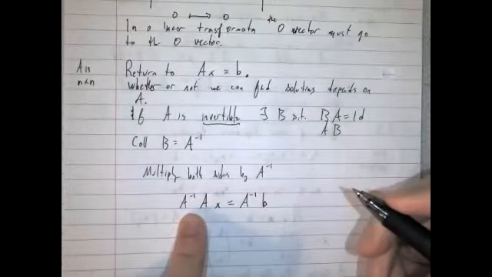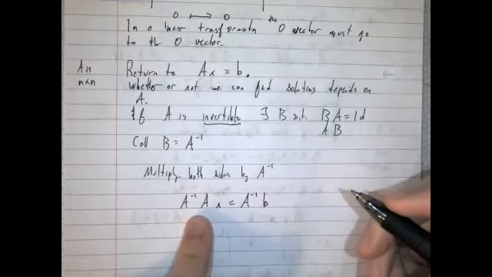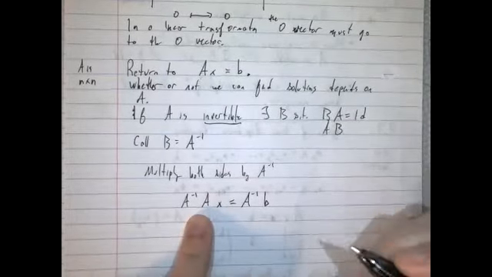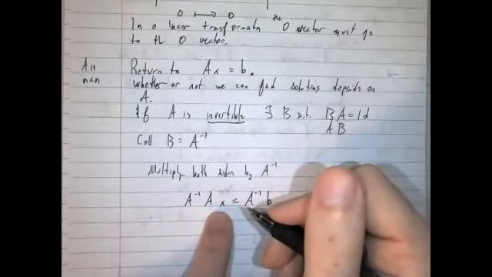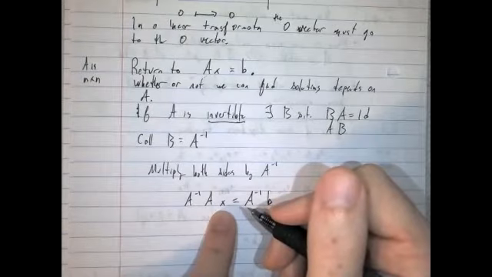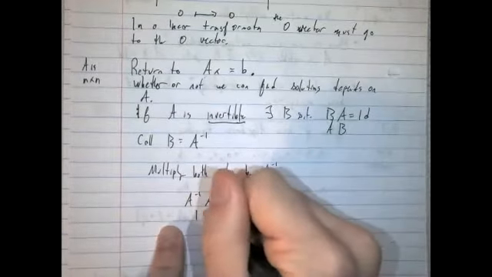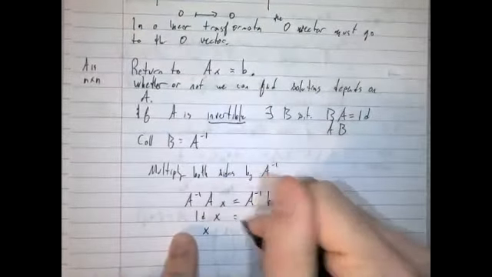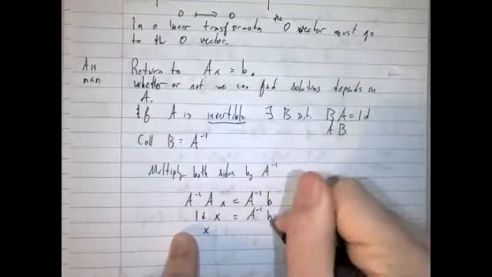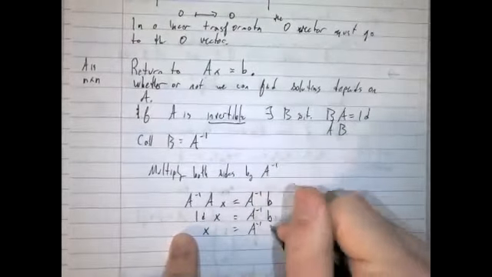What's A inverse times A? Identity. Yeah, exactly. So what is the identity matrix multiplied by the vector x? Just x? Exactly. The identity times x, which is equal to x, is equal to A inverse b.